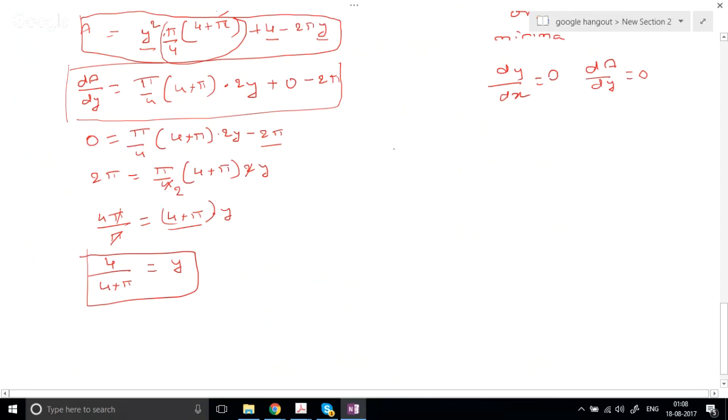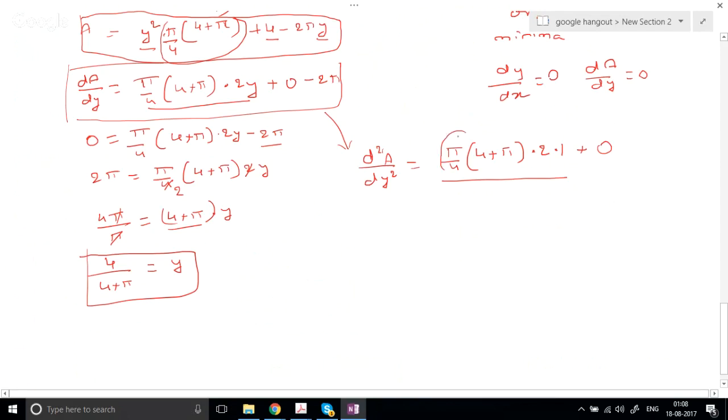So let's do the second derivative. d square A divided by dy square equals, this whole thing is constant, so keep that as it is, pi by 4 into 4 plus pi times 2, and the derivative of y is 1, plus the derivative of 2 pi, a constant, which is 0. So you end up getting pi by 4, 4 plus pi times 2.